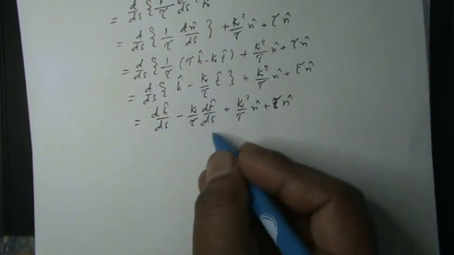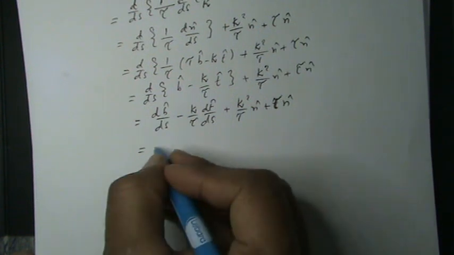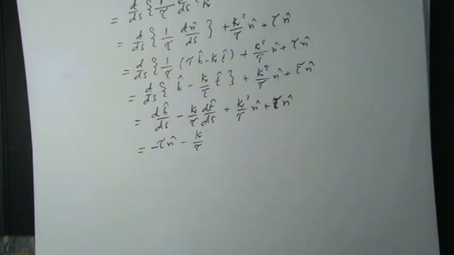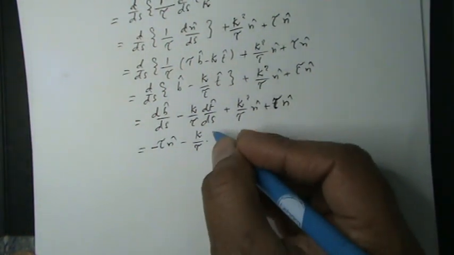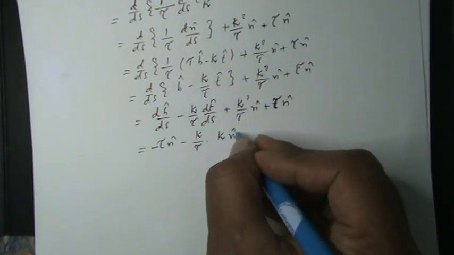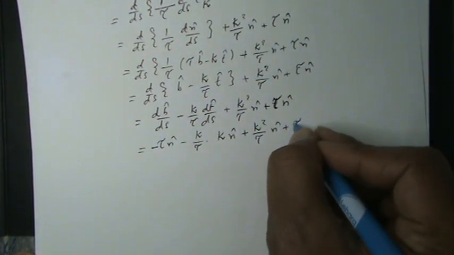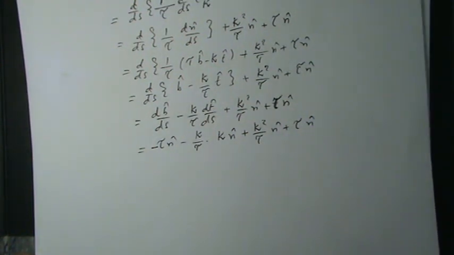Dt over ds is kappa n, again using here, and db over ds is equal to Serret-Frenet second formula, minus tau n, minus kappa over tau dt over ds, kappa n plus kappa square over tau n plus tau n unit vector.